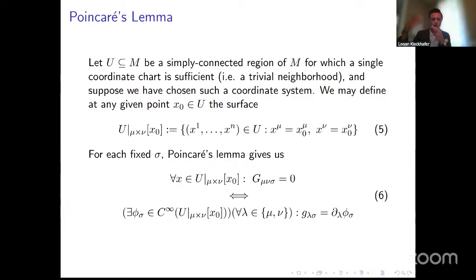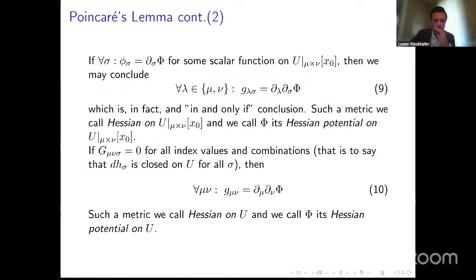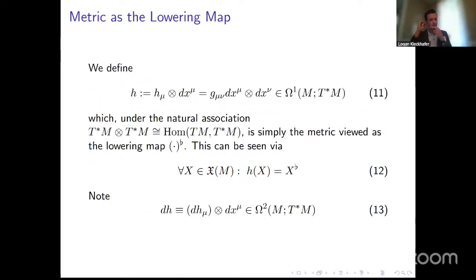If we think about all the possible ways metric components might be generated from these potentials, that's what DH, equation 16, encodes.